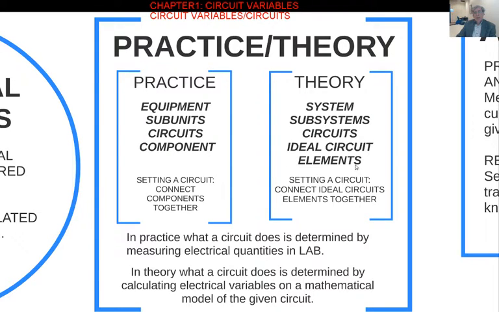So let's say the equivalent circuit to a component in practice is composed of the ideal elements. So we can represent each practice component with the ideal circuit elements. When you replace these components with these ideal elements, that means you are representing a practical circuit in theory which includes ideal elements in it.